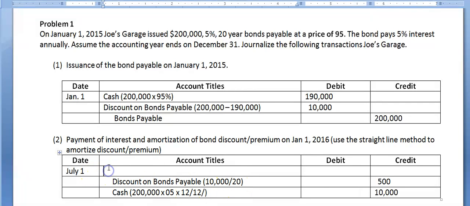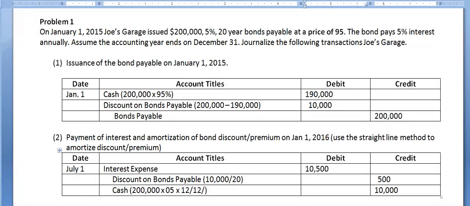So your interest expense ends up being the addition of the $10,000 plus $500, or $10,500. So the amortization of bond discount ends up increasing the interest expense. The interest expense ends up being actually higher than the cash payment.